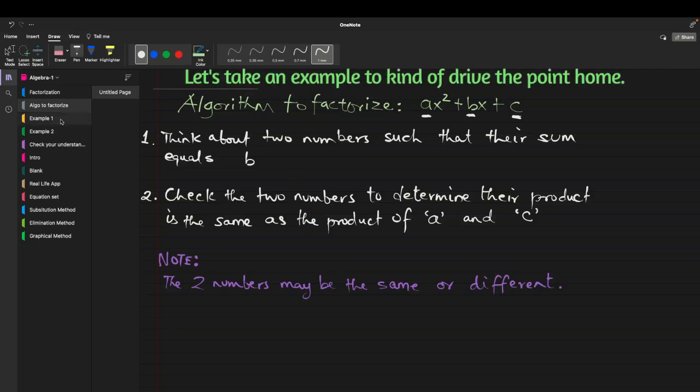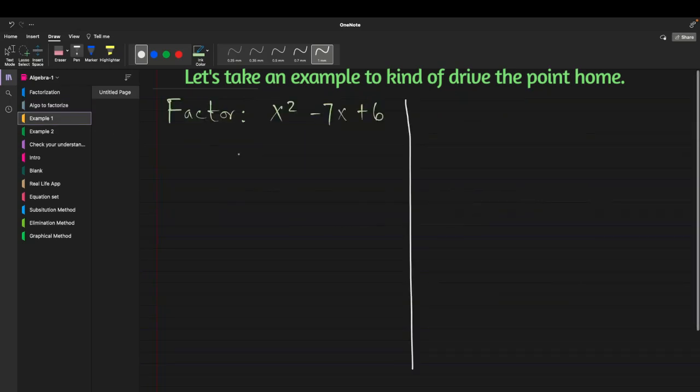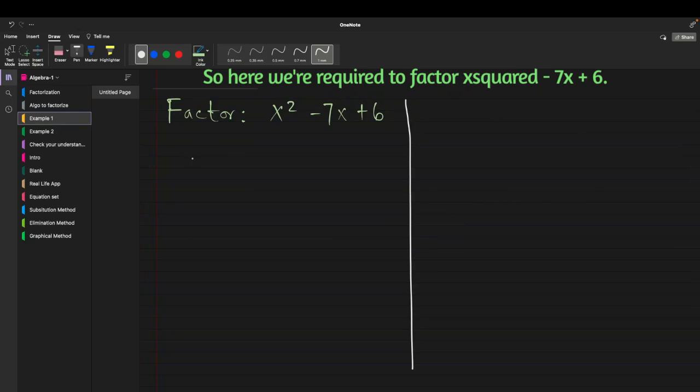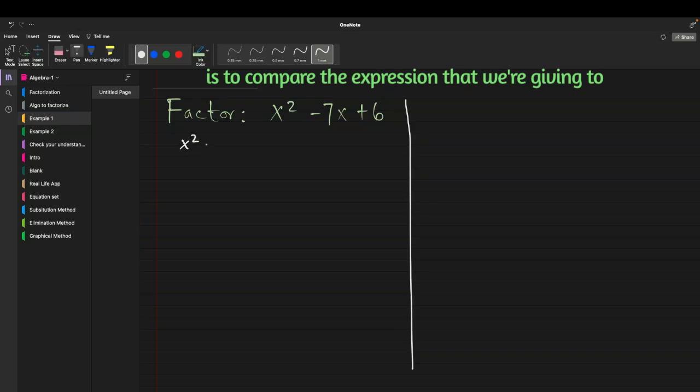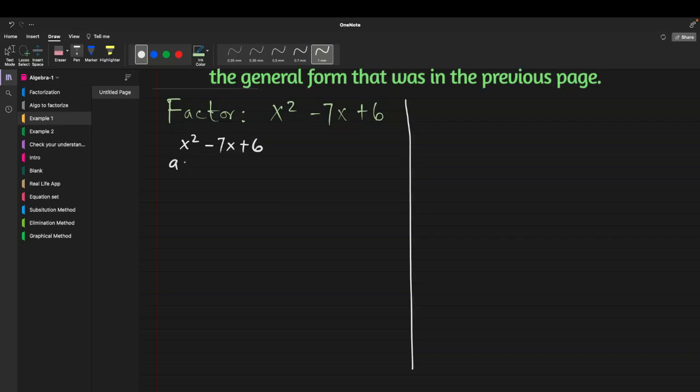Let's take an example to drive the point home. Here we're required to factor x squared minus 7x plus 6. The first thing we want to do is to compare the expression that we're given to the general form that was in the previous page.